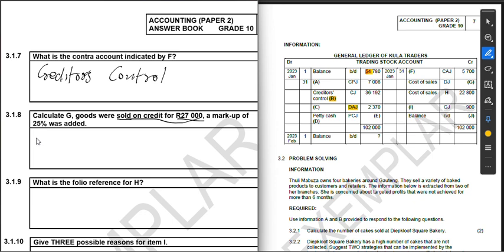So meaning that we need to calculate what we're given, and then we multiply it by what we need over what we have. What we have is what we are given. This 27,000 is what we are given, and we just concluded that this is the selling price, and the selling price includes the markup.